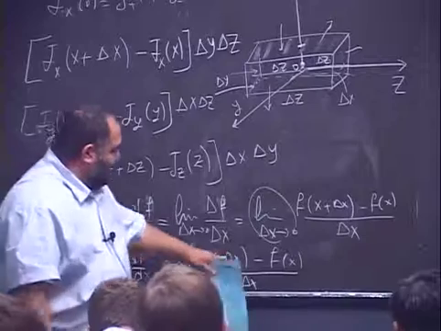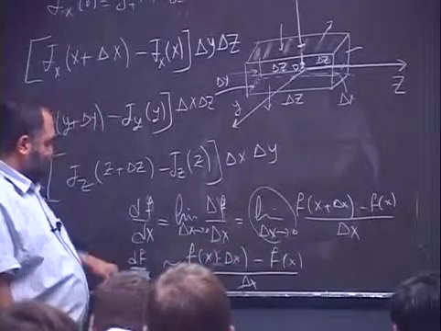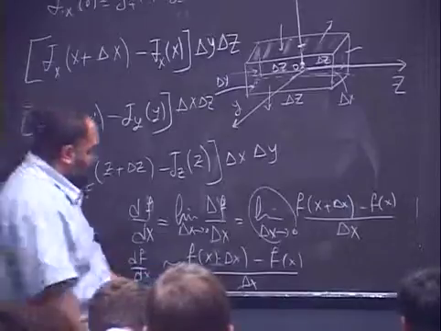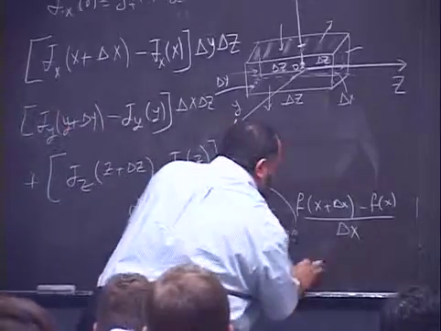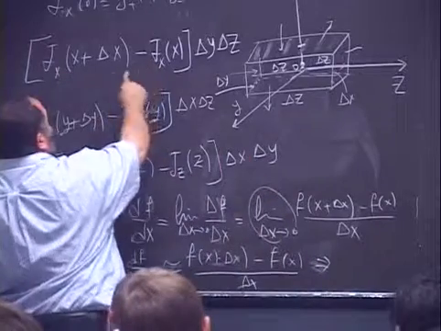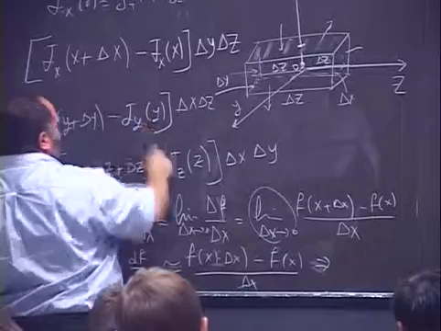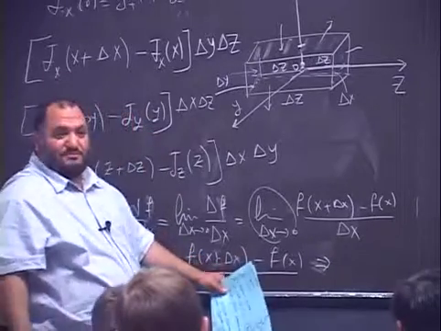So what's f of x plus delta x minus f of x equal to? From here, this will be equal to the spatial rate of change of the current multiplied by delta x.